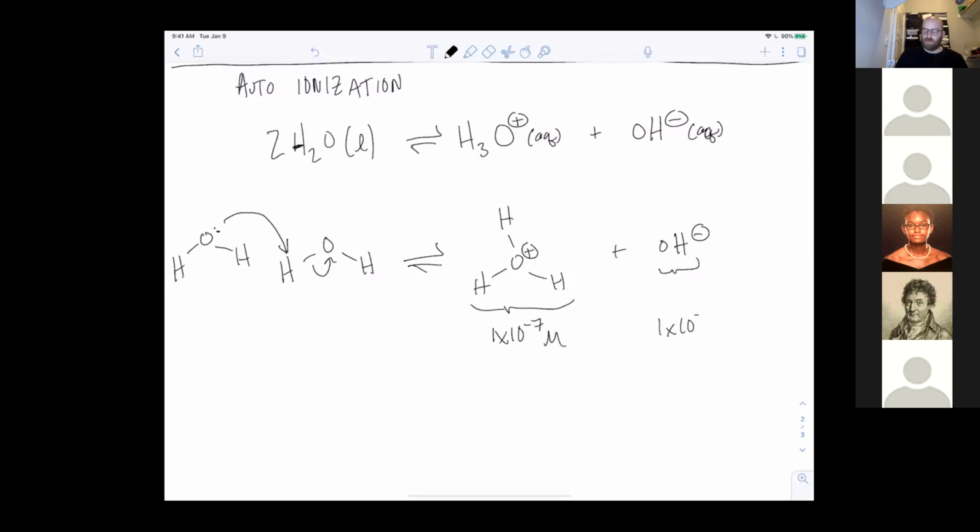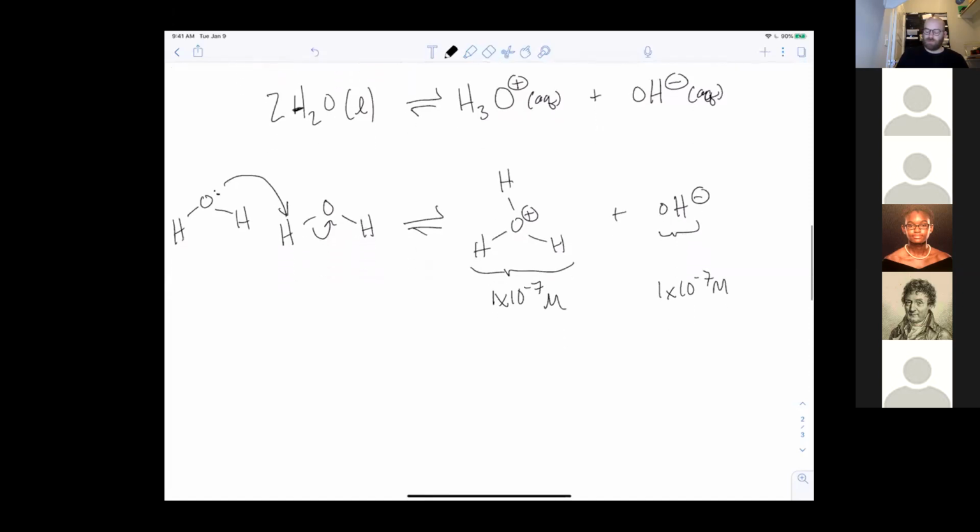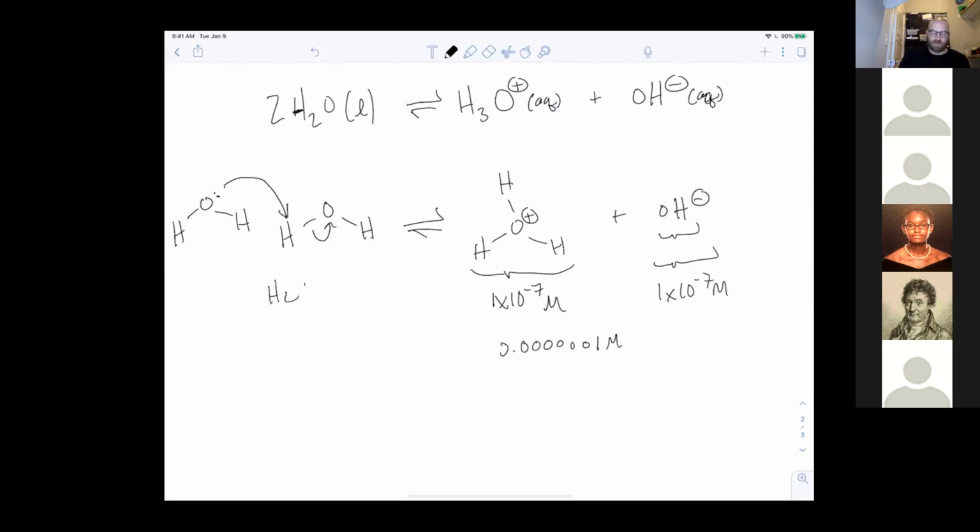I know with scientific notation all these numbers start to look the same, but you'd end up with 0.0000001 molar of H3O+ and of OH-. So there's not a whole lot of this around in water, which is why generally when we talk about water, we just talk about it as being H2O.